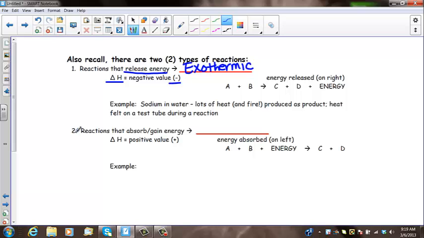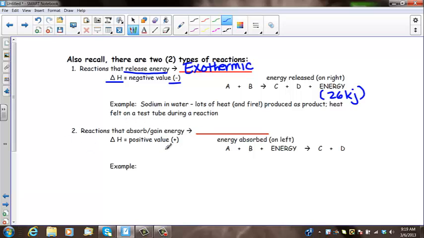And you'll see that when we go through some examples. So energy is on the right. If I'm looking at a reaction, here's going to be my energy value, and it's often displayed as a number. 26 kilojoules would be perhaps what you would see.